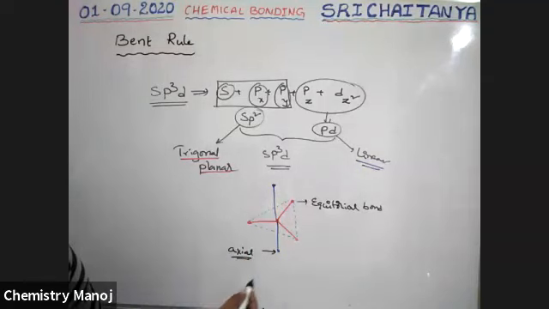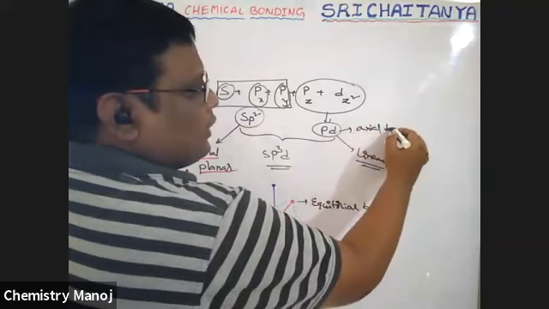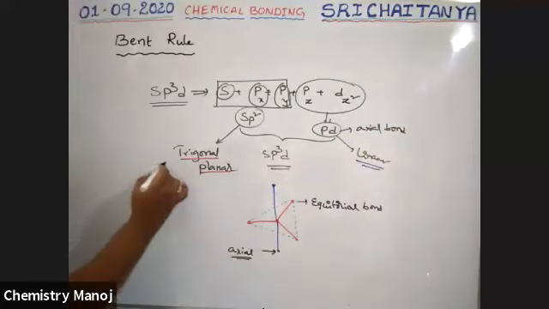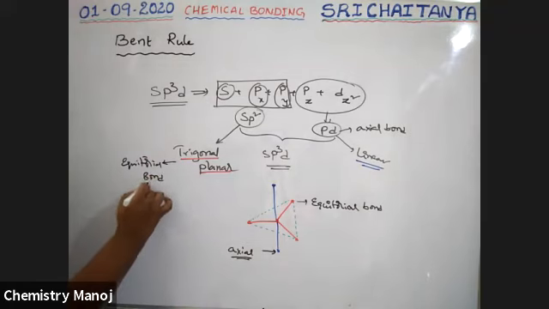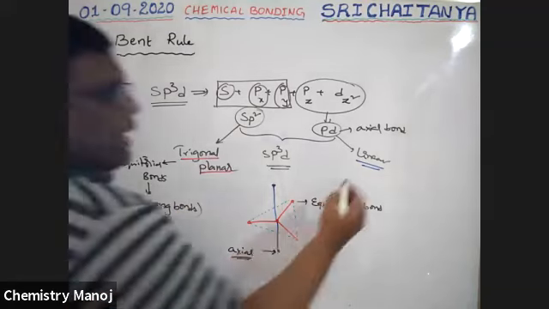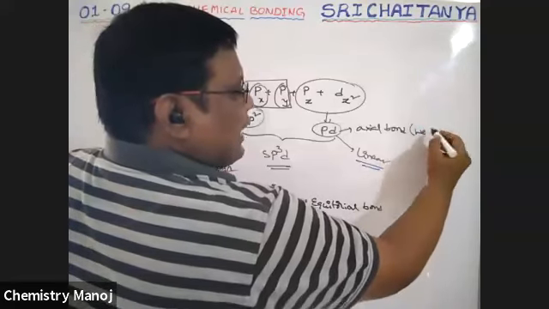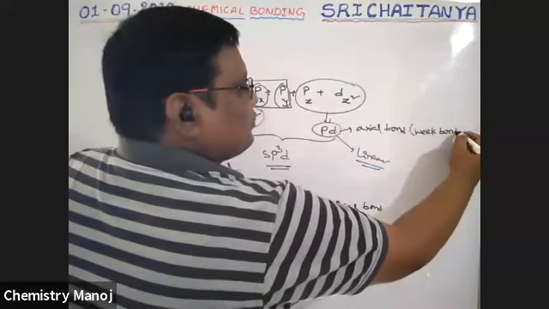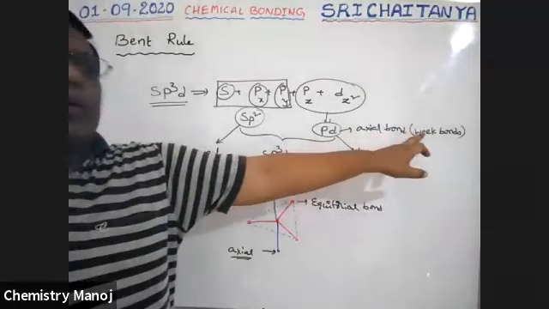The pd combination gives axial bonds, and the trigonal planar combination gives equatorial bonds. These equatorial bonds are strong bonds, my dear boys, but these axial bonds are weak bonds.